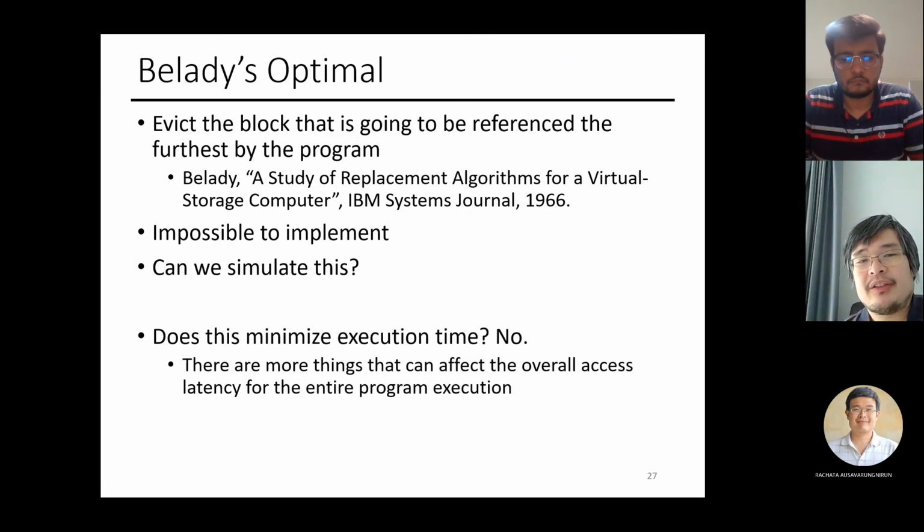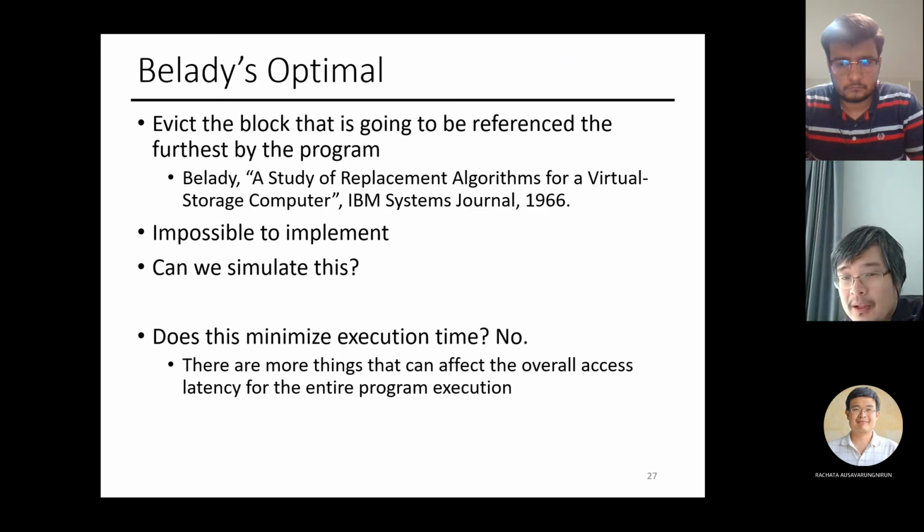The next question is, if you keep optimizing the cache, does this also minimize execution time? Yes and no. Yes and no, because cache, as you see, is a part of the memory hierarchy. You have DRAM, you have the core, you have even things that we call network on chip, which connects a bunch of caches and memory together, right?